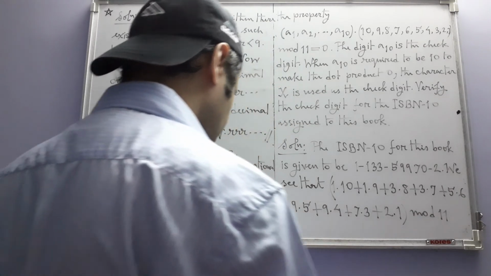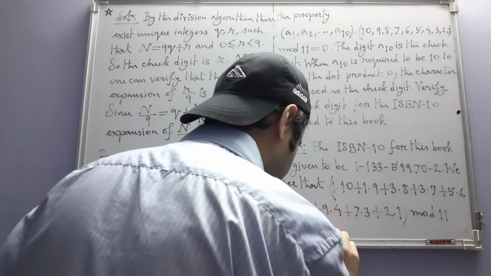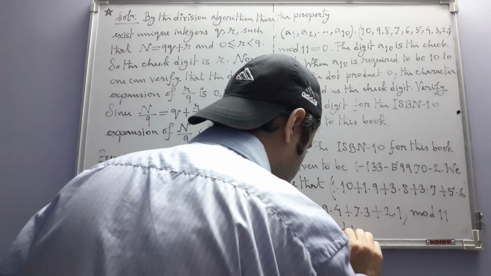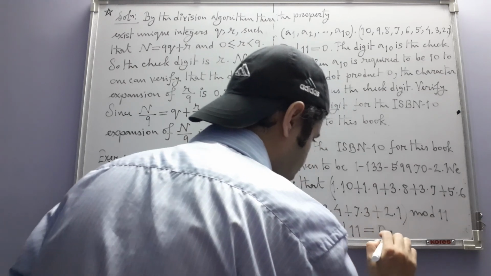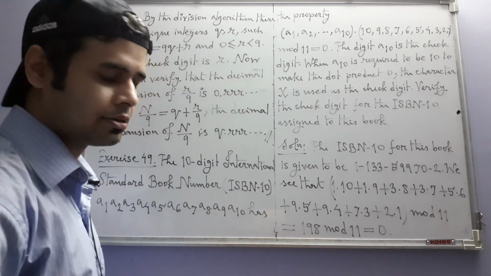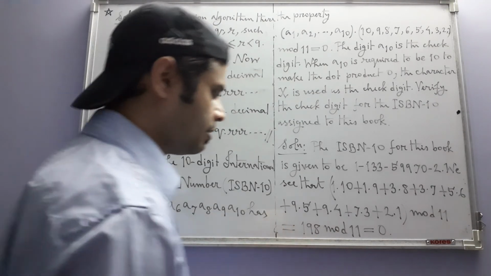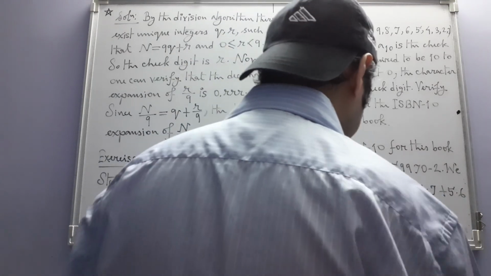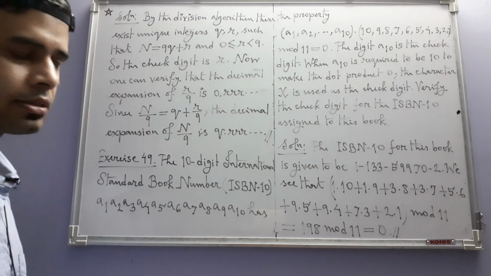This sum turns out to be 198 mod 11, and 198 you can clearly see is divisible by 11; in fact it is 18 times 11. So that's why the ISBN assigned to this book is correct.